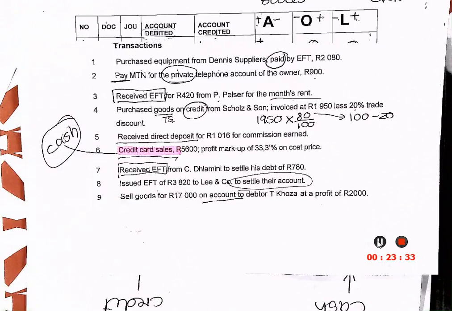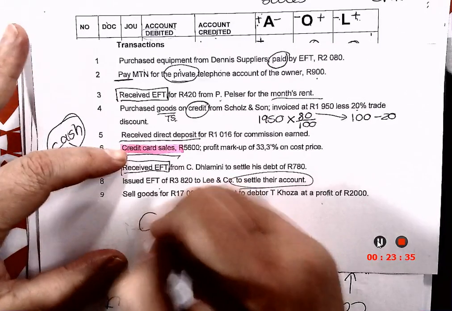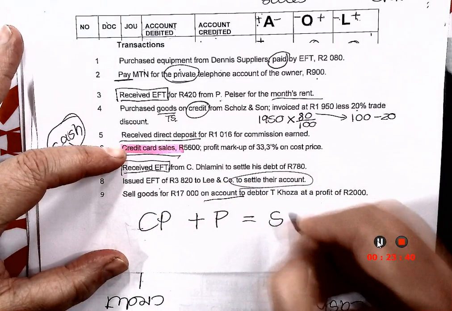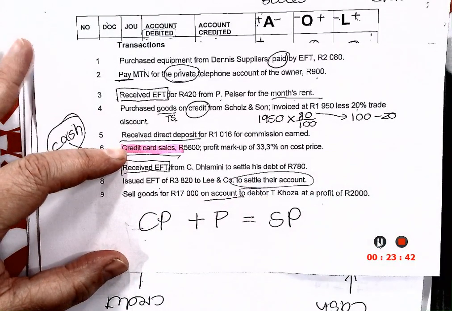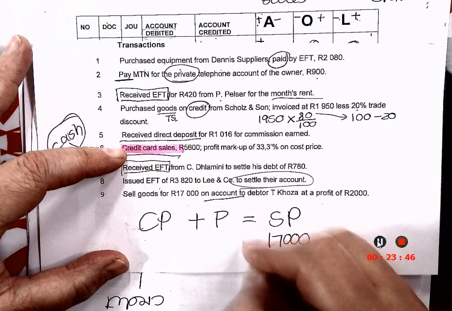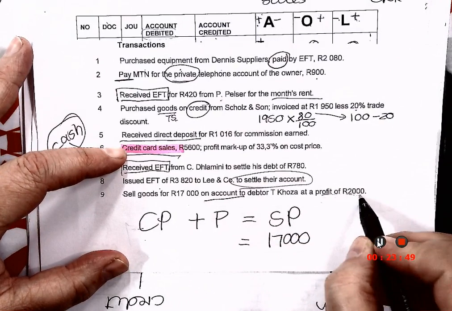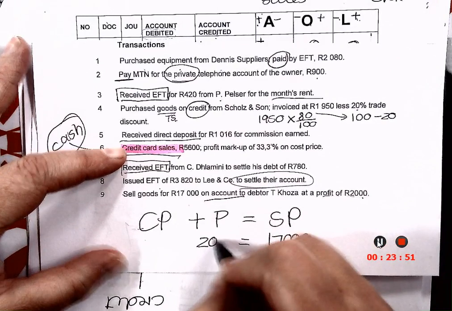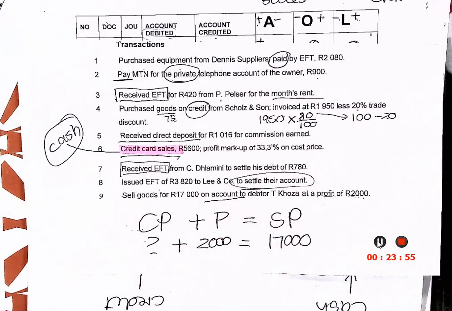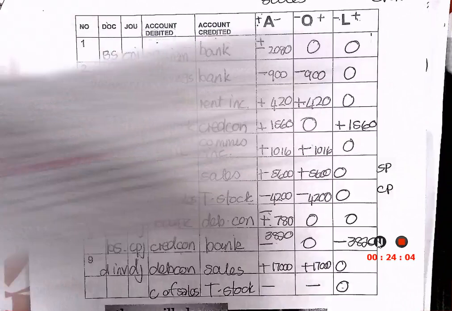So what do I know? Cost price plus profit gives me the selling price. They gave me the selling price is 17,000. They tell me the profit is 2,000. So what's the cost price? 15,000. Can you see? You're going to say 17 less 2. So that gives me 15,000.